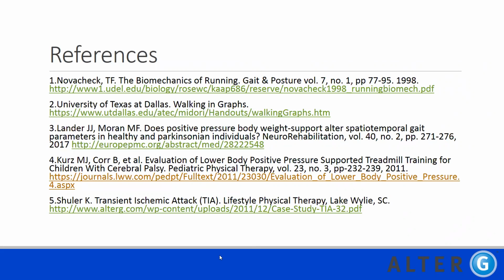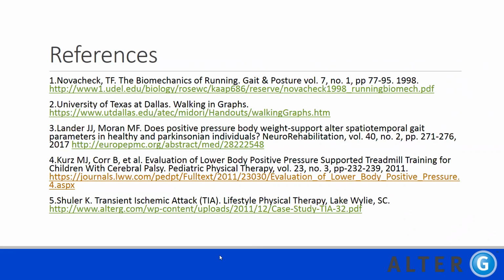For the user inside the treadmill, the patient or client you're working with, they will be able to see only really the frontal view, just their feet if they look down. But depending on whether the AlterG has the VMS system or the StrideSmart system, if they have the StrideSmart, they'll at least see the frontal view. There's a camera inside the treadmill that gives real-time visual feedback of the frontal view of the legs.